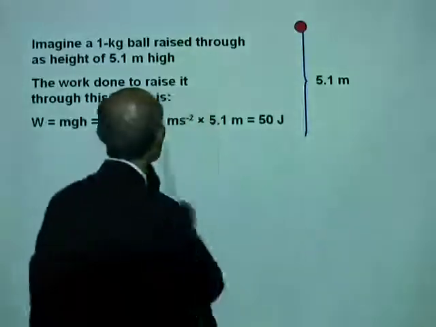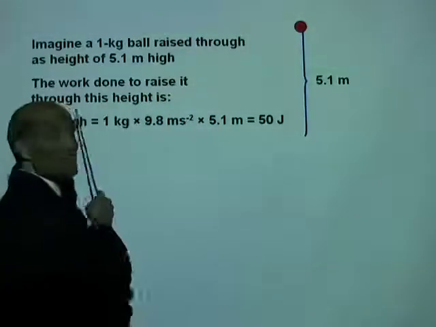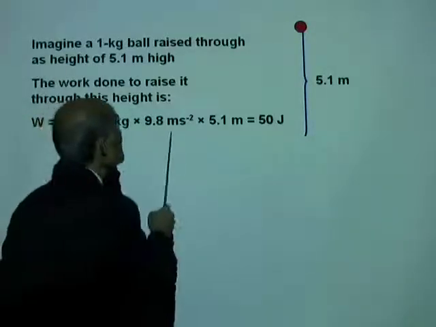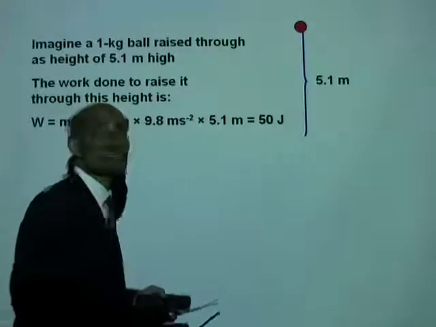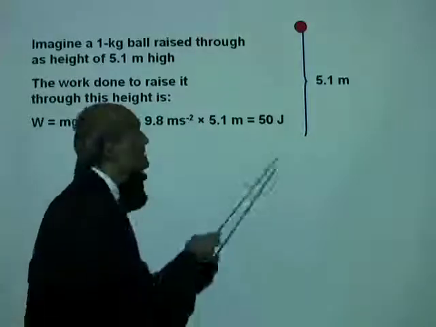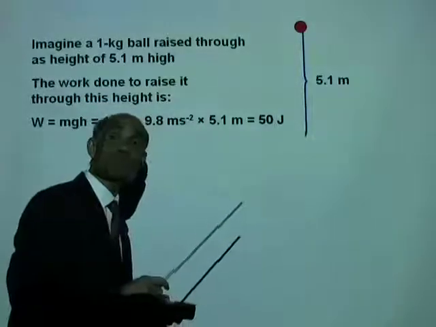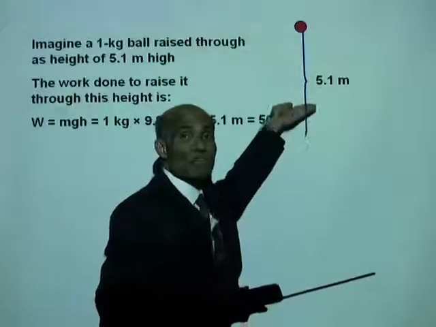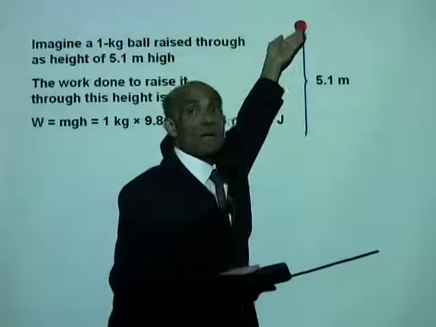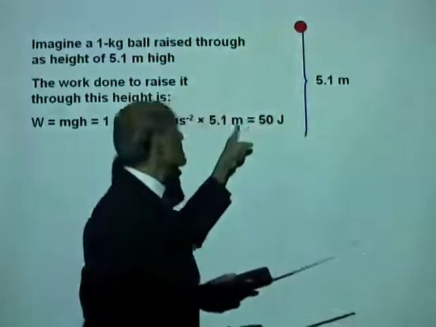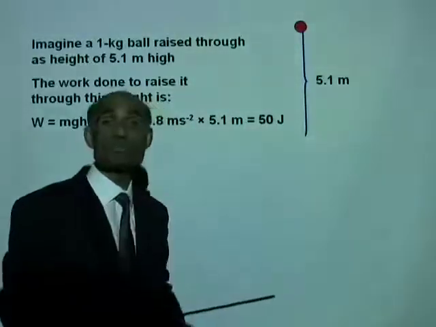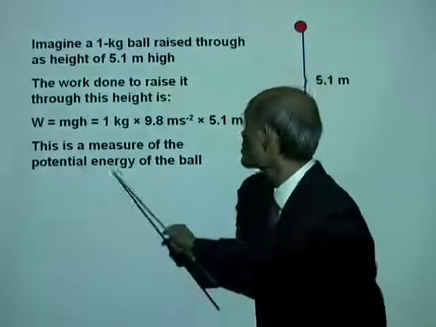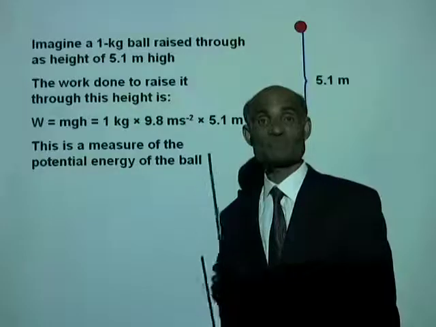Is that right? The work done is mgh. 1 kilogram times 9.8 meter per second squared times 5.1 meter, that is 50 joules. In order to raise this 1 kilogram mass through 5.1 meter, we did an amount of work 50 joules on it, and this is a measure of the potential energy of the ball.